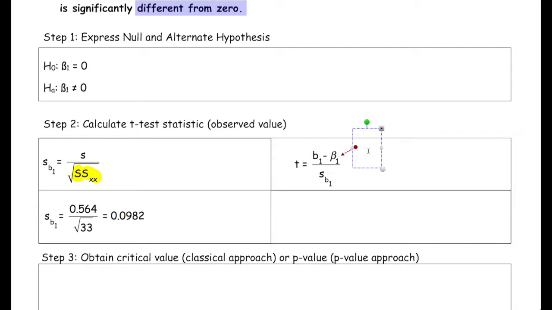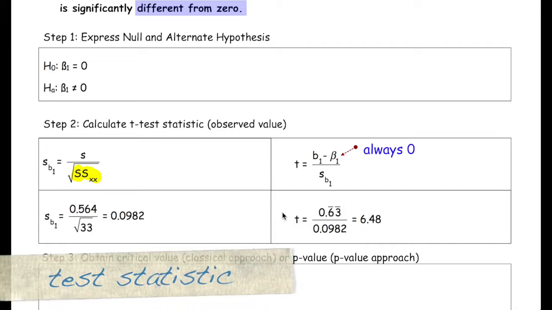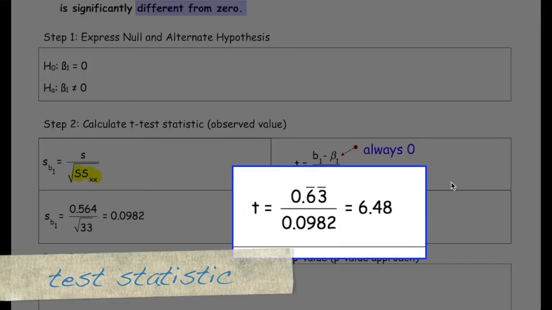So it kind of simplifies the equation. Big B1 in this course is always going to be a 0, simply because you have a 0 in your null and alternate hypotheses. And so if you divide your sample slope by its standard deviation, you'll be able to come up with your t observed. So I'm hoping we get an answer of 6.48 for t observed.